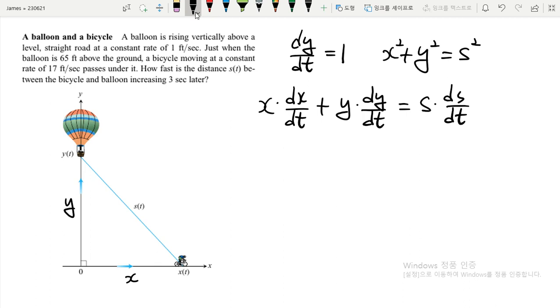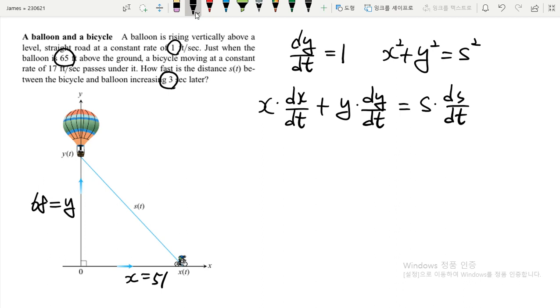Now I see what this means. At the point 3 seconds later, the y value is, because y's speed is 1, you can multiply 1 and 3 and add it to 65. So what will be the value of y when the x value is 51? Because 1 times 3 is 3, I just add 3 and 65. Yep. And then we can find the value of s at the moment.